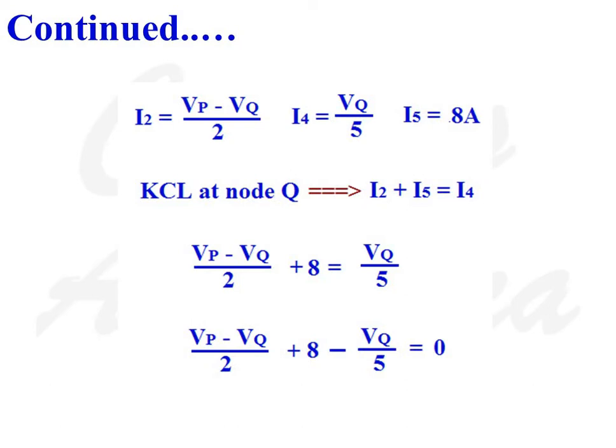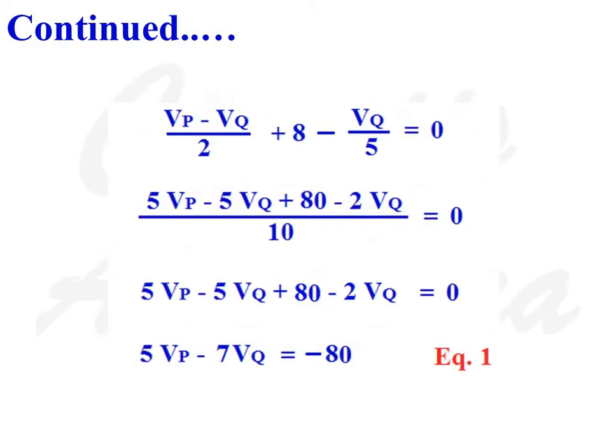Rearranging the terms, we can write Vp minus Vq the whole divided by 2 plus 8 minus Vq by 5 is equal to 0. So taking 10 as the LCM, we will get 5 Vp minus 5 Vq plus 80 minus 2 Vq the whole divided by 10 is equal to 0. Rearranging the terms, we will get 5 Vp minus 7 Vq is equal to minus 80, equation number 1.